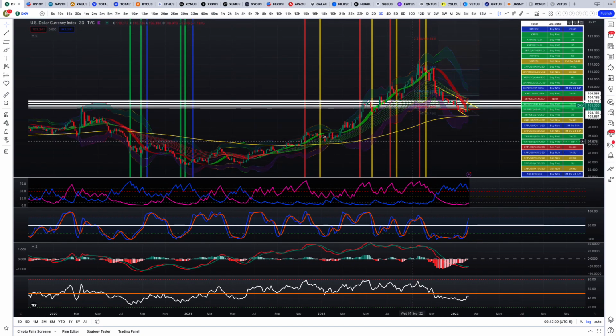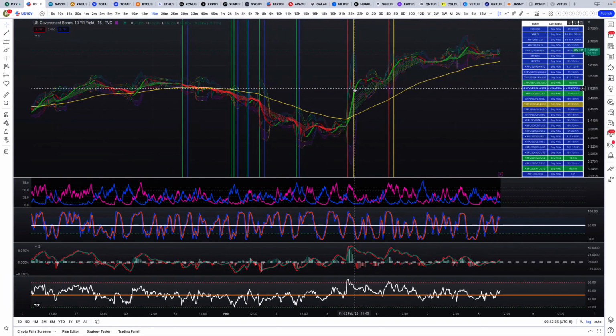As we can see right here, we had the blue still above the pink. But when the pink crossed above the blue, that's when we knew we were heading into a bull rally with the dollar. Literally, when the pink crossed above the blue was right here, June of 2021, and the pink was above this whole time until we had our main sell-off here. So as long as the blue is above, we know that the downtrend for the dollar is still intact.